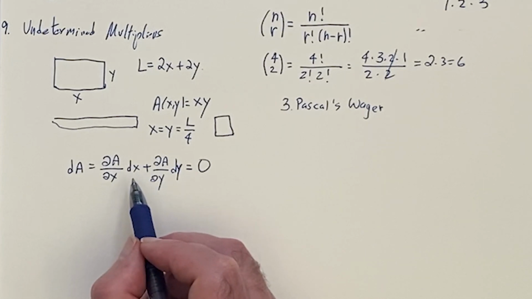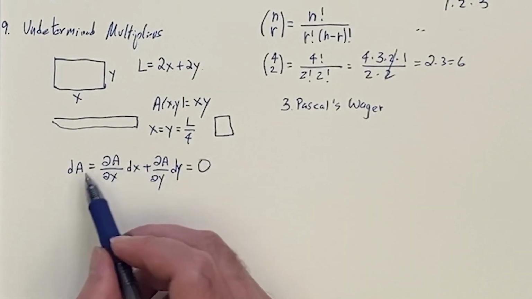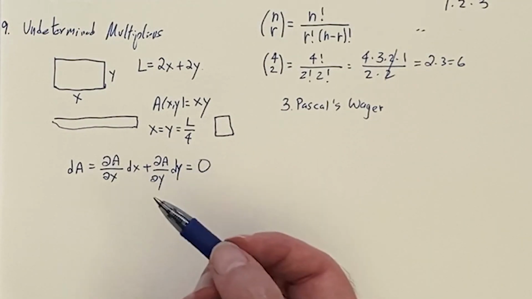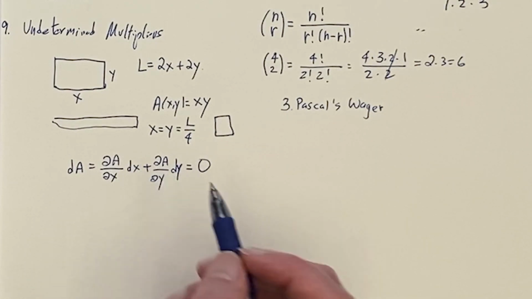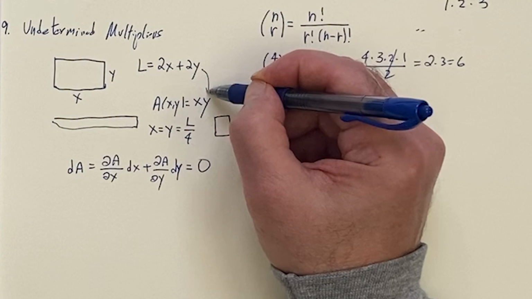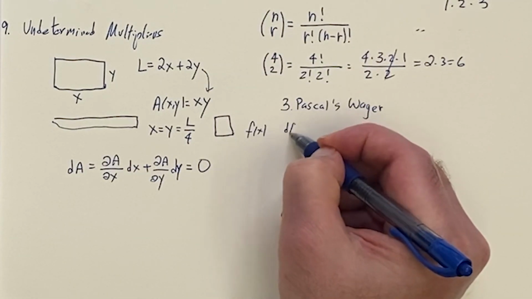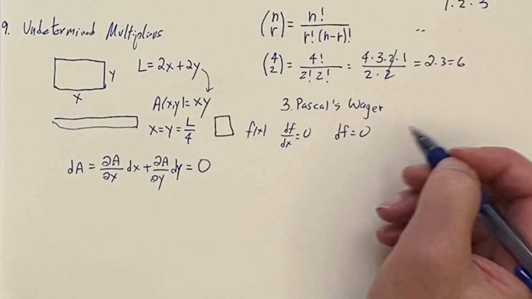So if you change dx, you change dy. When you set this equal to 0, you can't set these individually to 0. So you had to get rid of the y and have just a function of x, and then you took df/dx equal to 0.